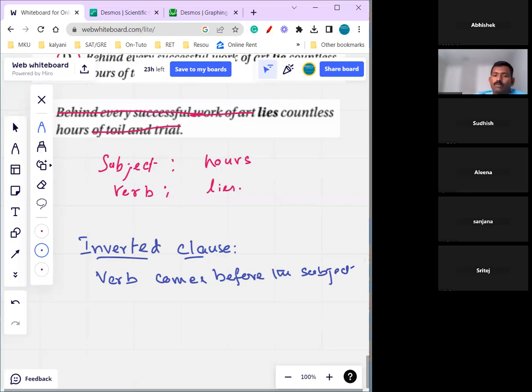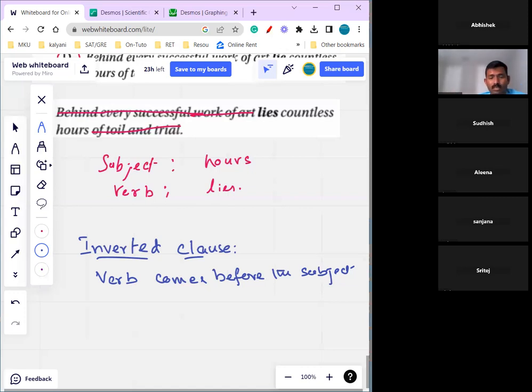Every inverted clause has to be uninverted: remove the dummy subject and rearrange the phrase, and that way you can see which one to use.